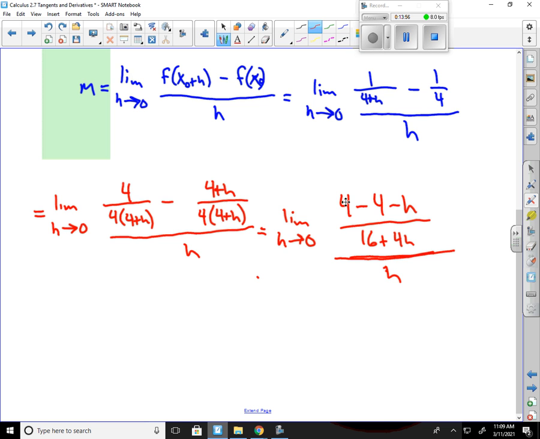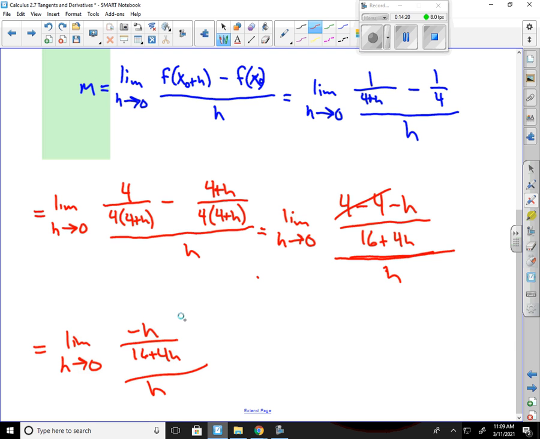Four minus 4 gives me 0. Those cancel each other out. I'm left with negative h over 16 plus 4h all over h.